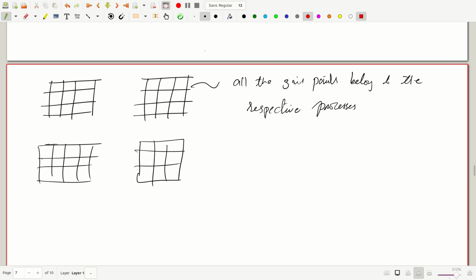So that means let's say this is process 0, this is process 1, this is process 2, and this is process 3. They also need, of course, to have ghost points, and the ghost points are drawn here now. These are the ghost points in the column, these are the ghost points here, and here, and for the other process here, and so on.